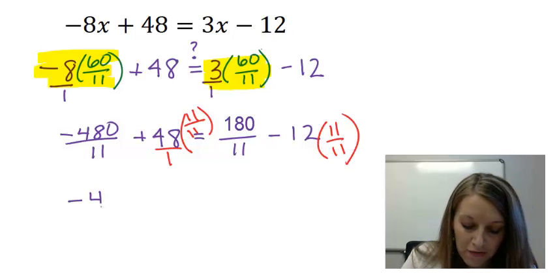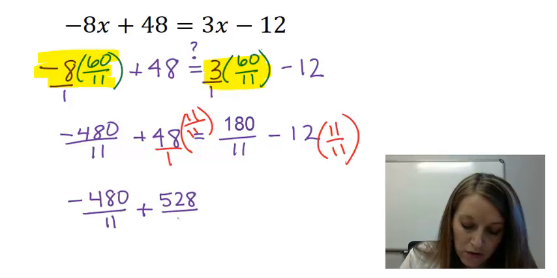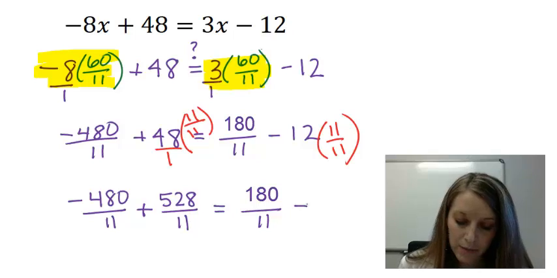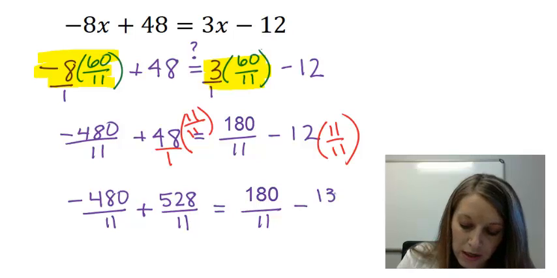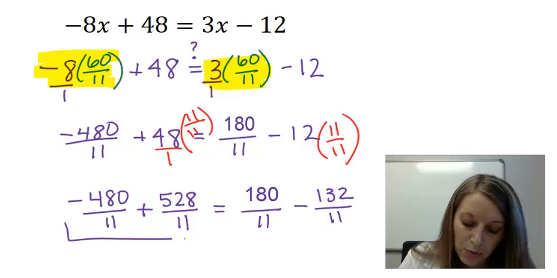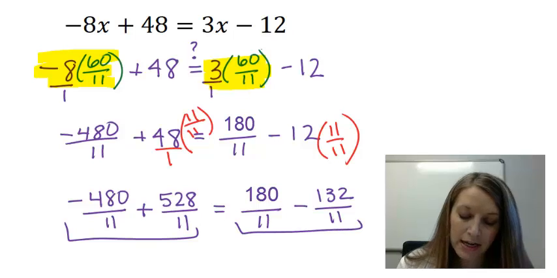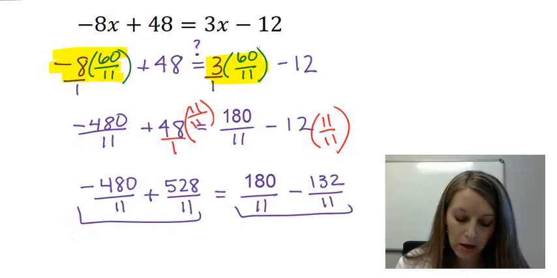That gives me negative 480 over 11 plus 528 over 11 on the left, and 180 over 11 minus 12 times 11 gives me a 132 over 11 here. Now I just need to put my fractions together, and I just do that by combining the numerator since I have a common denominator.